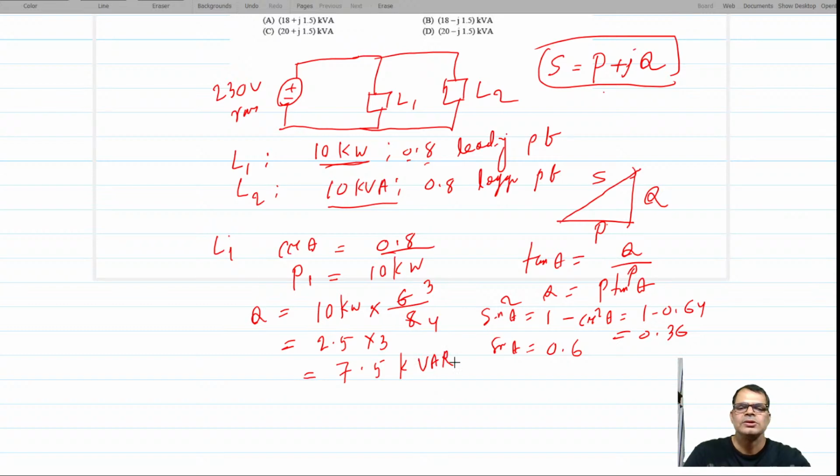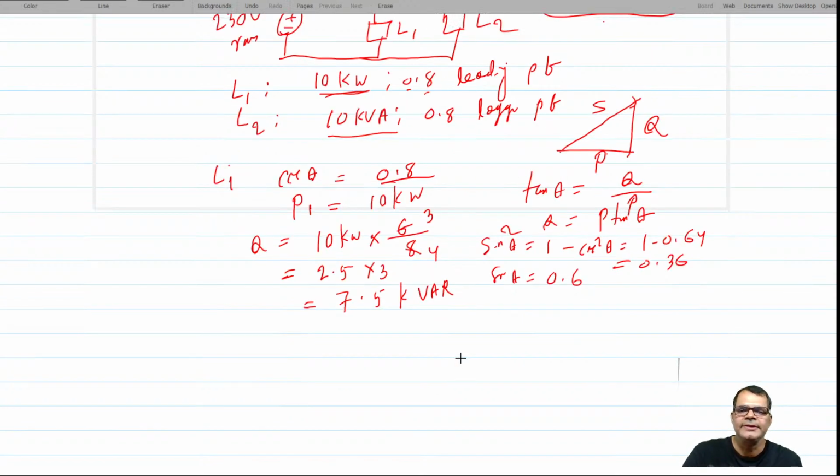So I can write S1, that is the complex power for load L1, is 10 kilowatt, and it is a leading load.